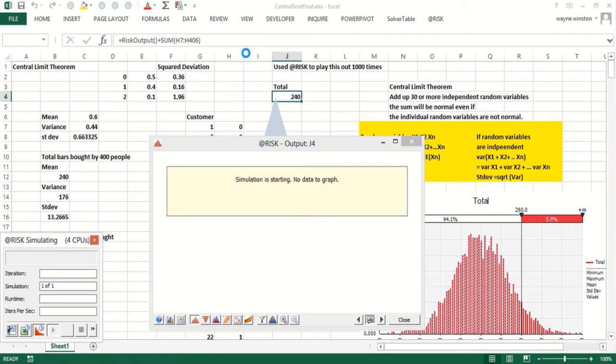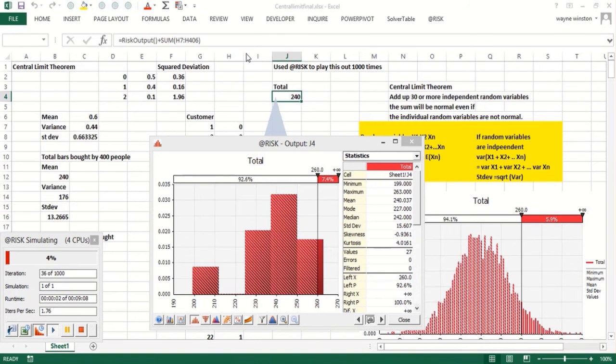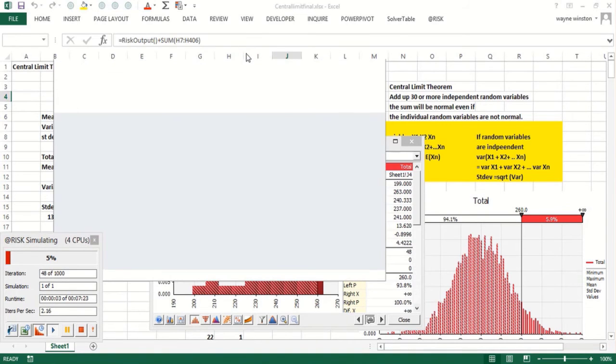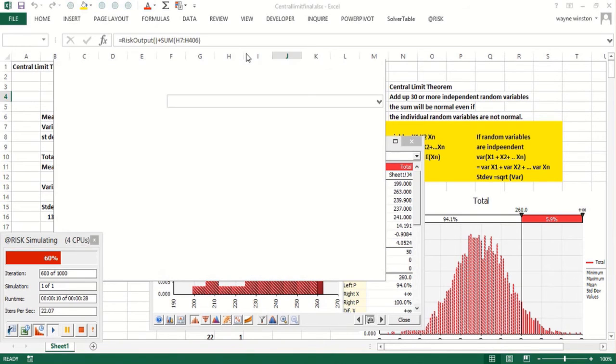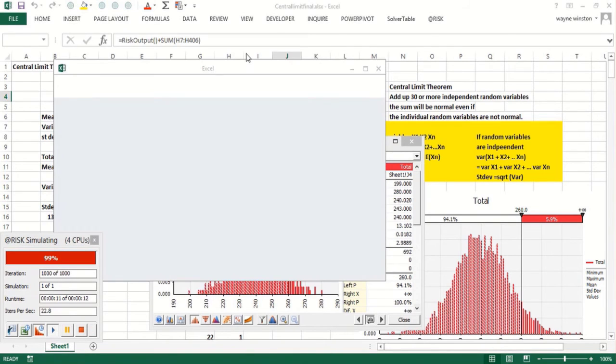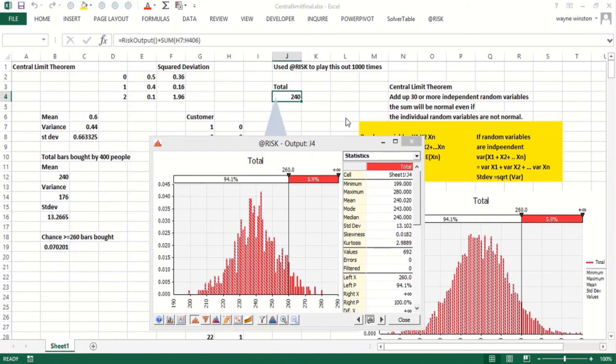Taking a bit of time here, but what it's doing is having each customer being played out with a 50% chance of buying none, a 40% chance of buying one, and a 10% chance of buying 2 chocolate bars. Okay, and we're pretty much done there.